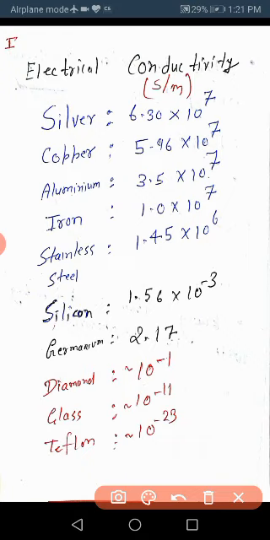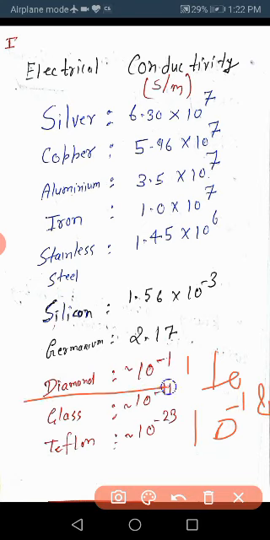Actually, the conductivity of diamond varies between 10 raised to the power -11 and 10 raised to the power -18. For glass and Teflon we have written approximate values because the conductivity varies.